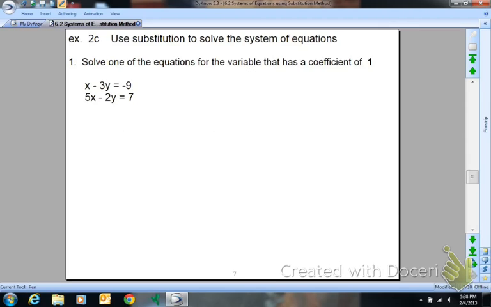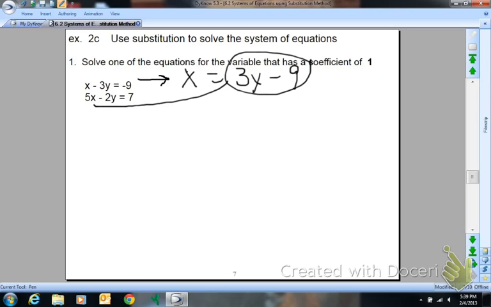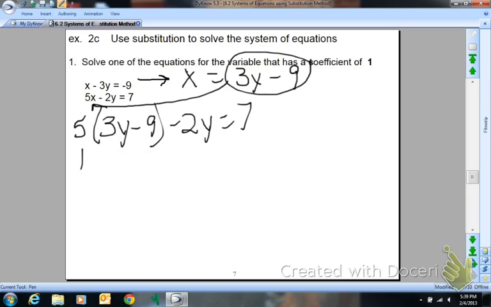Okay, example 2c, I am going to solve for this x. So I am going to add 3y to both sides. Plugging 3y minus 9 into the second equation. Do the distributive property.